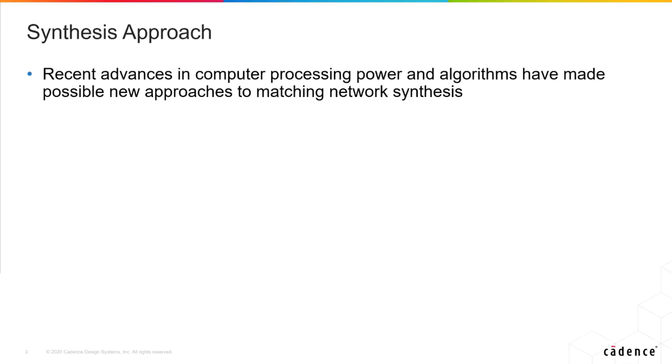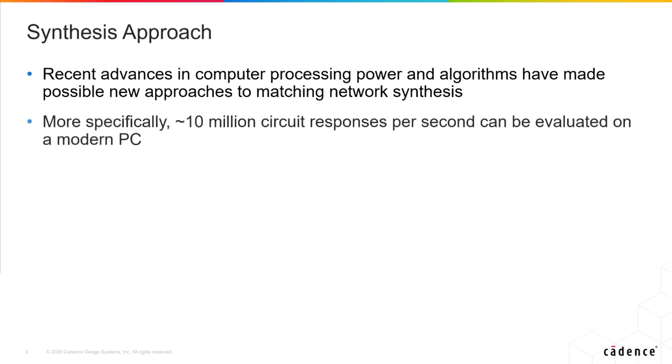So a few notes about the specifics of our approach. We are taking advantage of recent advances in computer processing power and algorithms as well. And more specifically, we can evaluate around 10 million circuit responses per second on a modern PC.